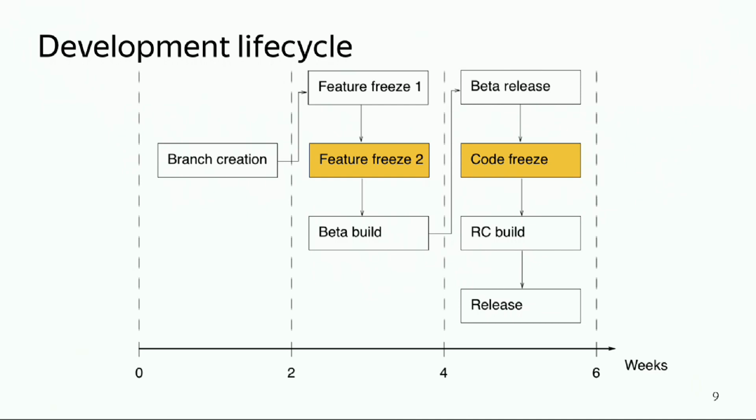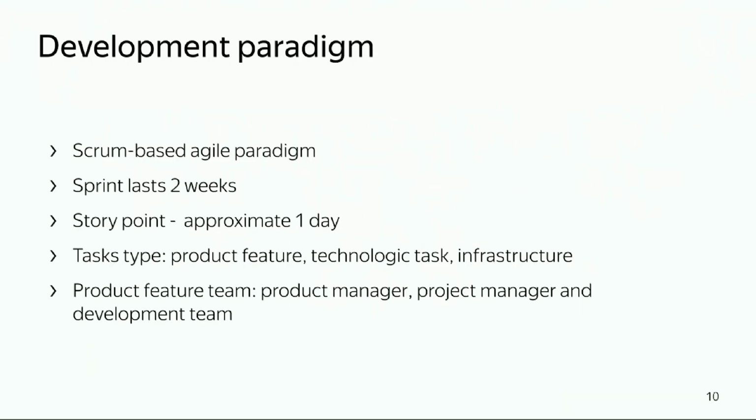So for security, the feature freeze and the code freeze are the most important stages, because the security team has to work closely with the team of the browser at these stages. Actually, to start the discussion, we have to provide some information to you about our development paradigm.